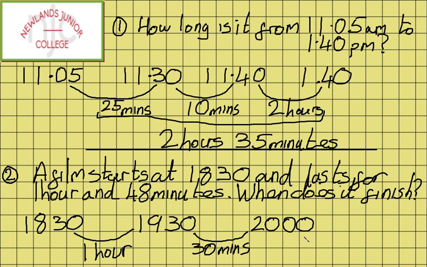We only have 18 minutes left at this stage, so we go forward our final 18 minutes, and that takes us from 2000 to 2018. So the film finishes at 2018.